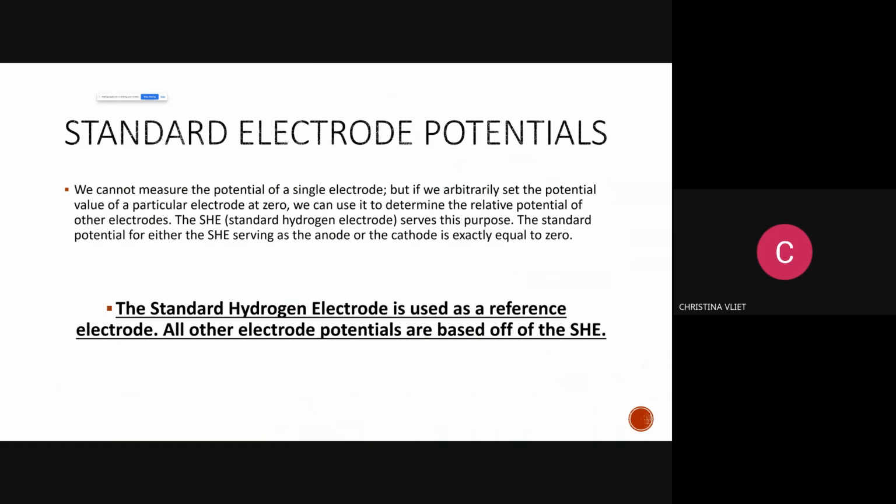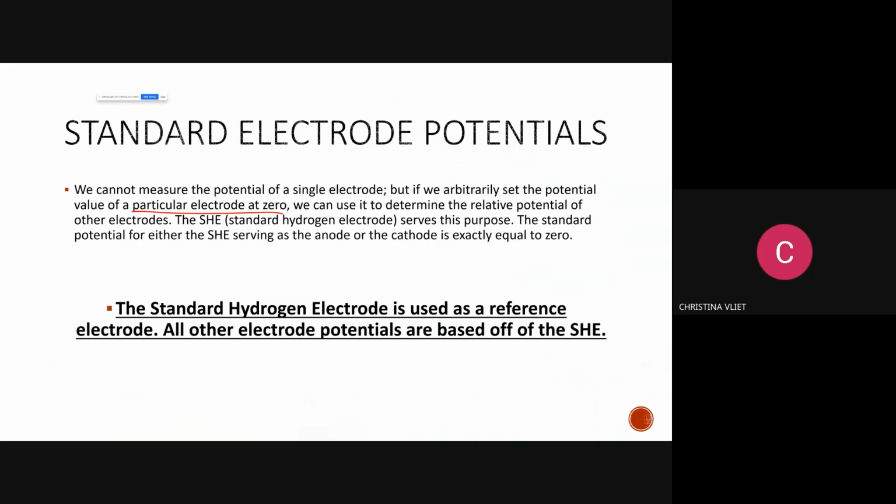All right, so we actually are unable to measure the potential of a single half cell. But if we arbitrarily set the potential value of a particular electrode at 0, then we can say everything else relative to that electrode is either oxidized or reduced by a certain amount.